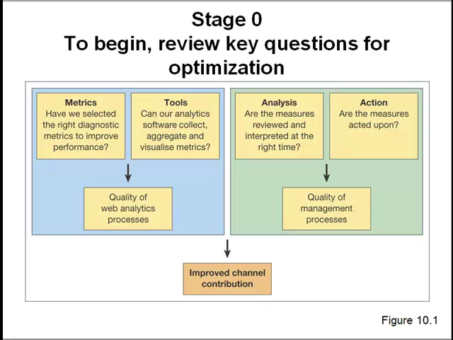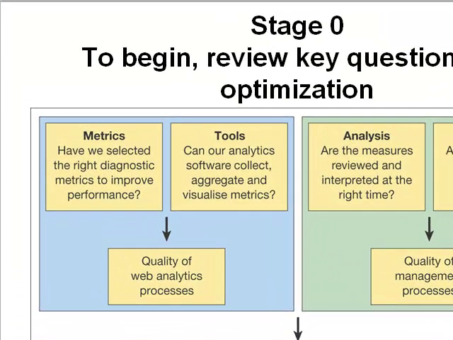Following are typical steps that marketers complete in order to continually improve their online marketing, starting here with stage 0. To begin, you always start with reviewing questions for your optimization. So you would take a look at your metrics. Have you selected the right diagnostic metrics to improve your overall performance, and the tools to get that done?